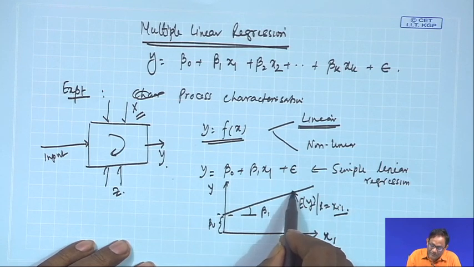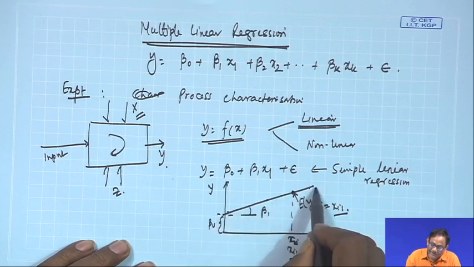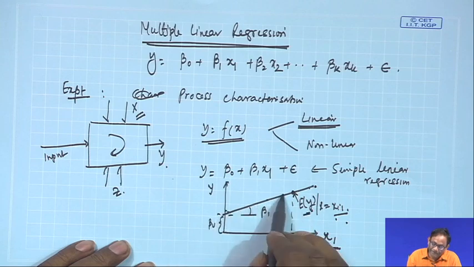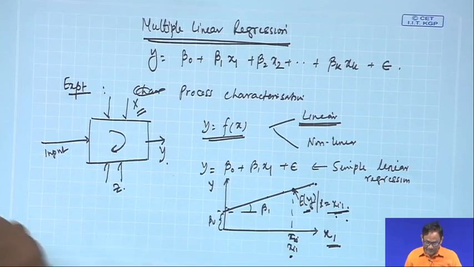So what will any point on this regression line depict? It will depict the mean value of y with respect to x equal to x 1.